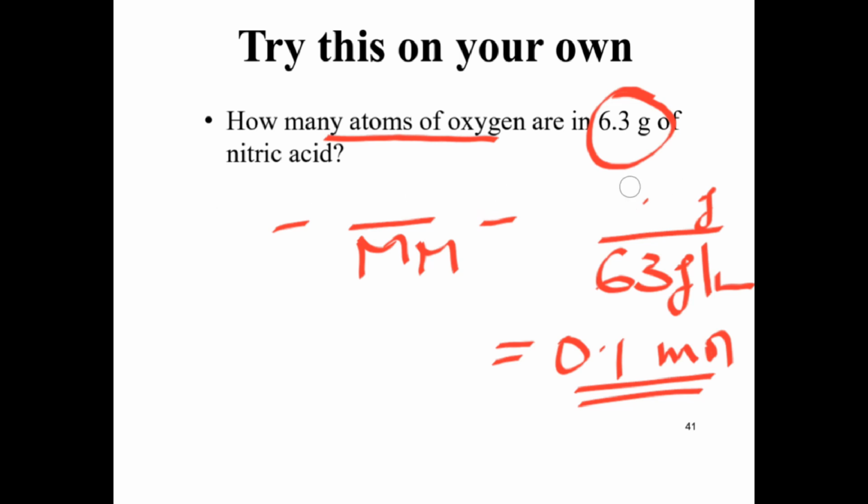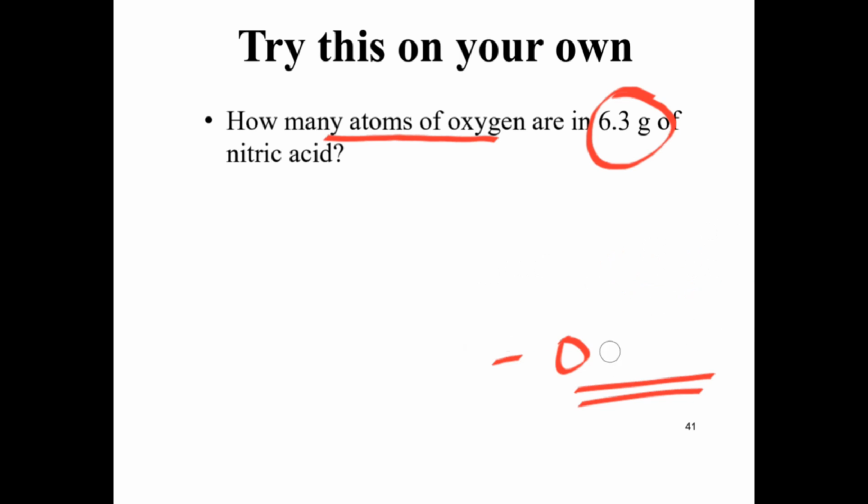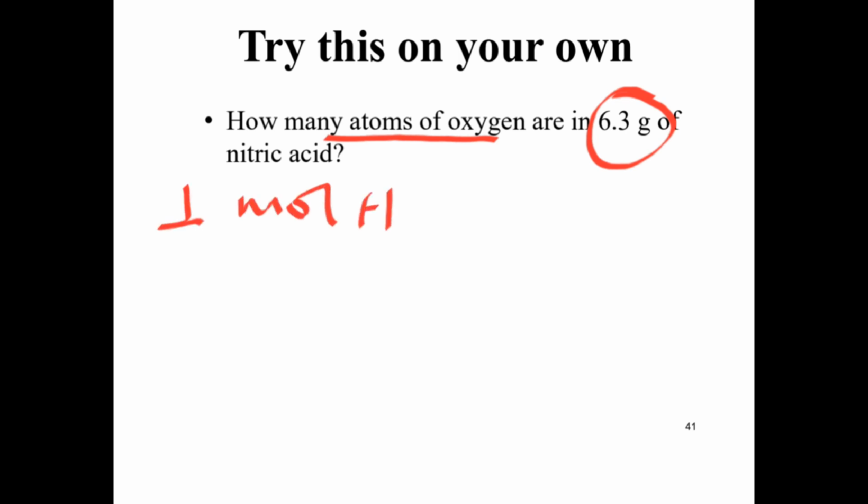ኦልራይት። ስለዚህ አሁን ጥያቄው በ0.1 ሞል ኦፍ ናይትሪክ አሲድ ምን ያህል አተምስ ኦፍ ኦክሲጅን አሉን? ነገር ግን in 1 mole of nitric acid ስንት moles of oxygen atoms አሉ? 3 moles of oxygen atoms are present.